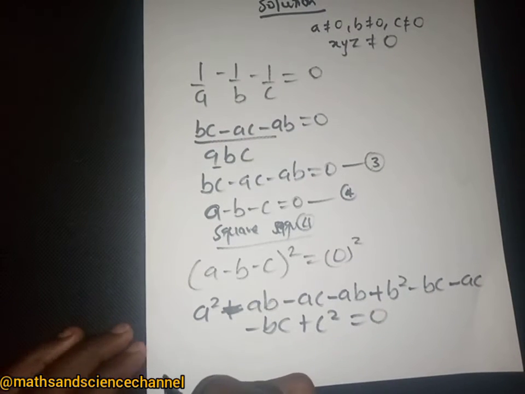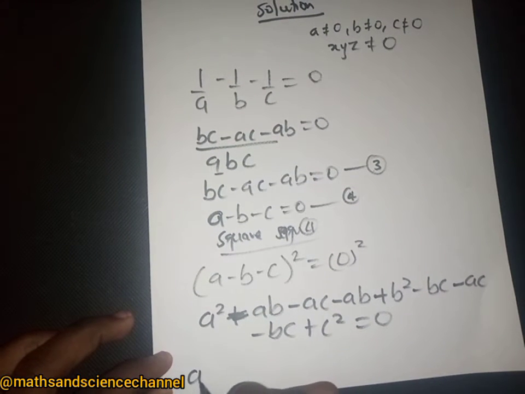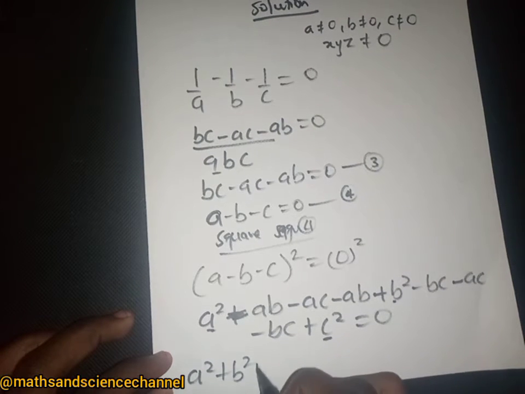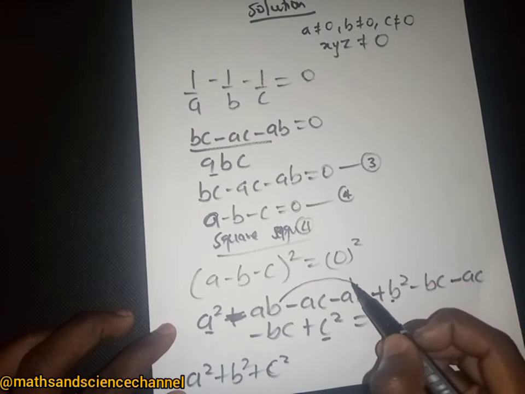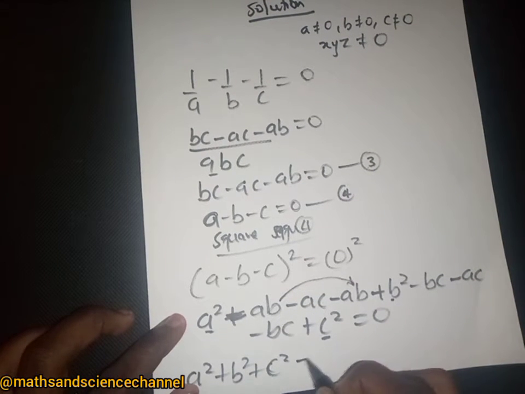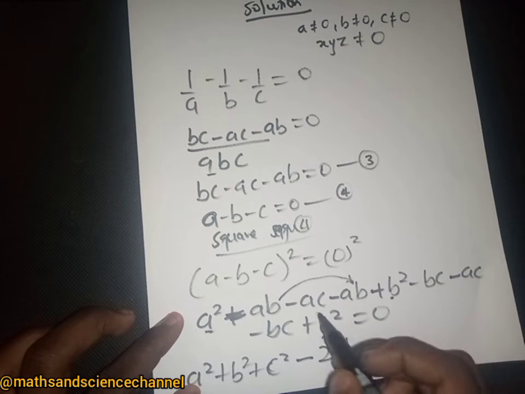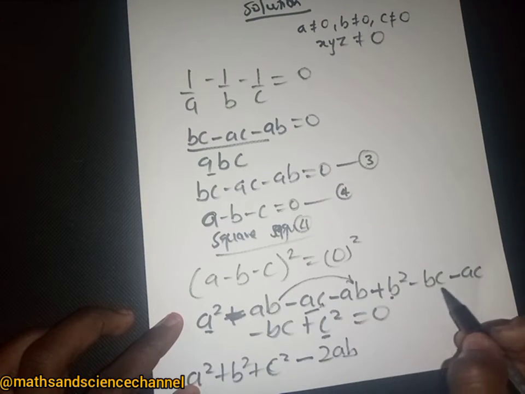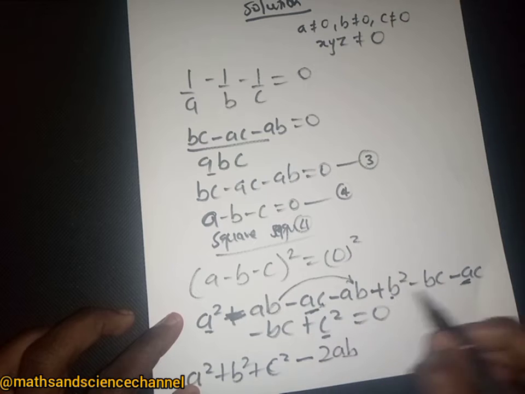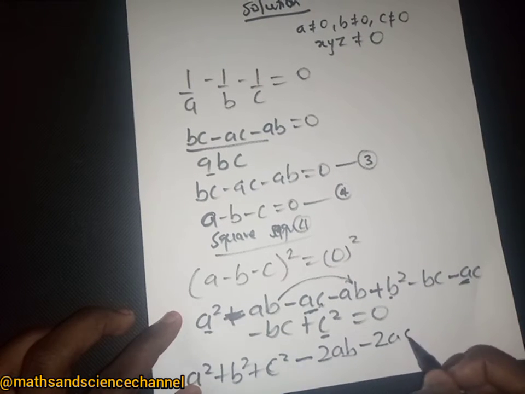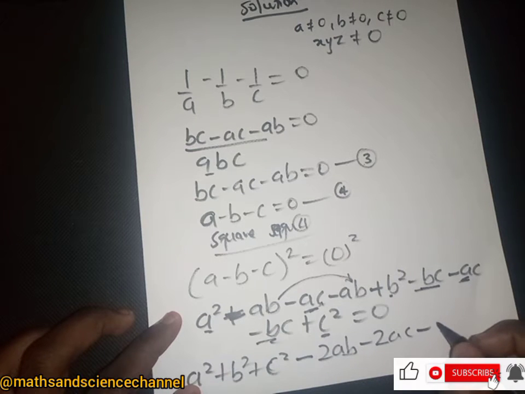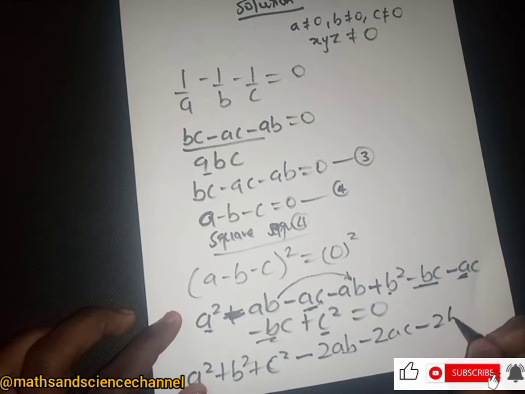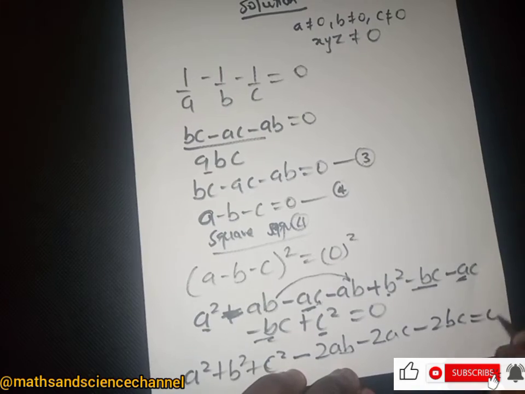Now let's group like items. Now we have a squared here, then we have b squared there, then we have plus c squared, right? Now let's look at the like terms. a and b here will give us minus 2ab, then also we have ac here, minus 2ac, then also we have negative bc, which will give us minus 2bc, being equal to 0, right?